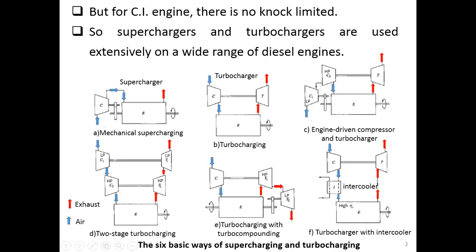Okay, this picture gives you the 6 basic ways of doing supercharging and turbocharging. We have 6 basic ways that we can equip the supercharger or turbocharger configurations into our engine in order to increase the pressure of the air that we are going to introduce into the engines.